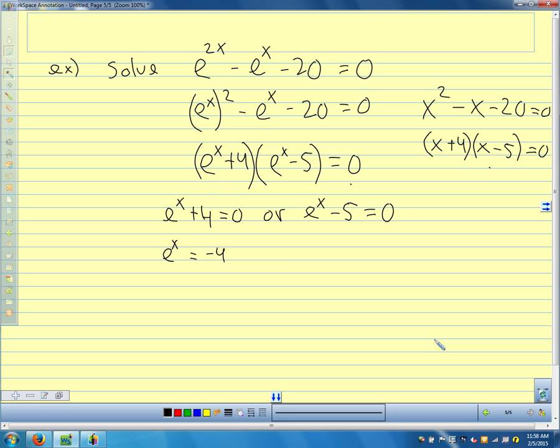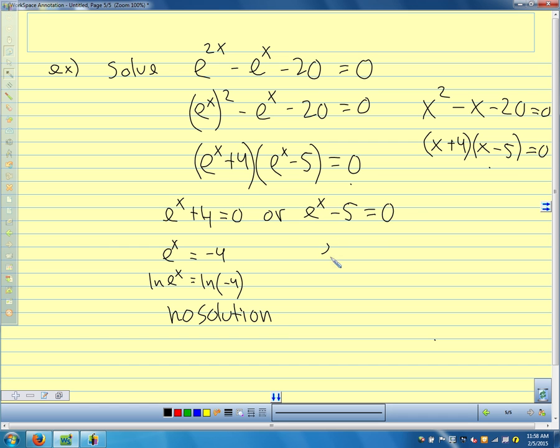Exponential function is never negative, right? The other way, if we kept going, I would take the natural log of both sides. Can we take the natural log of a negative number? No, because the domain of the logarithmic function is x greater than 0. So this gives us no solution.